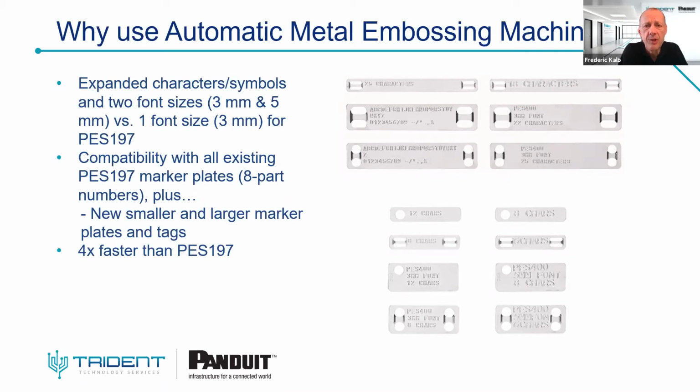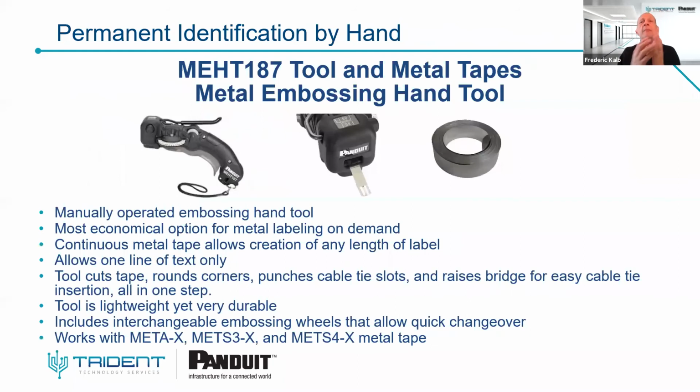That means also more functionality, higher quality, and more efficiency if you select the PES 400 to create your marker plates. I mentioned it, PES 400 is for when you need a certain number of marker plates to have a good return of investment when it comes to investing in such a solution.